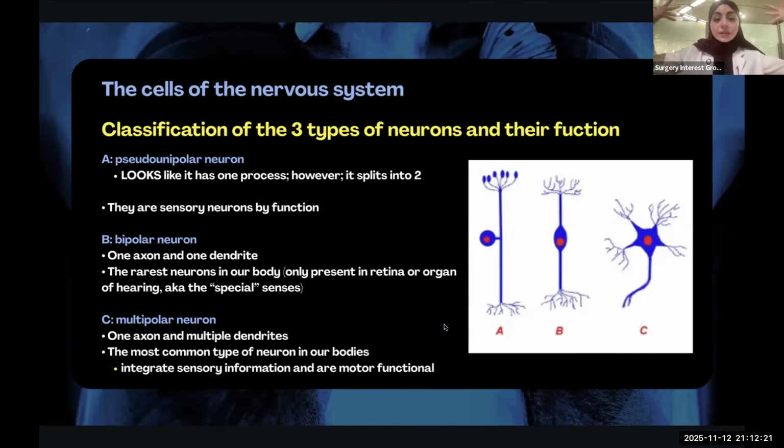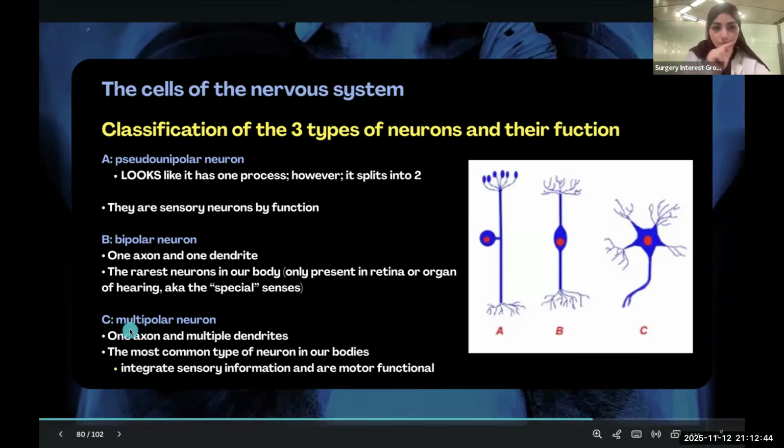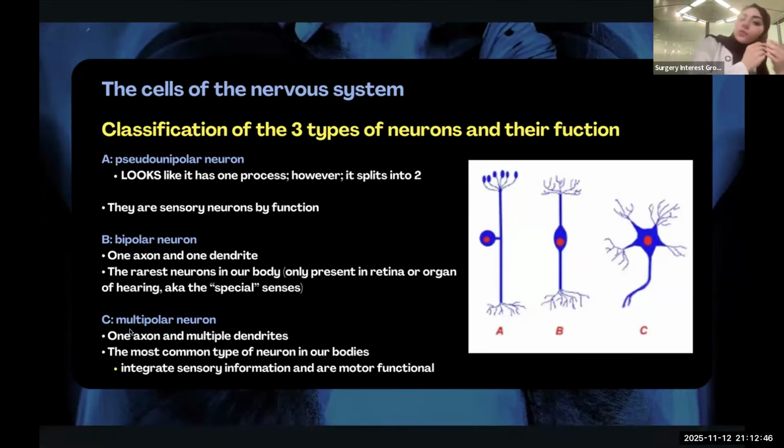If I'm receiving sensation or information through my dendrites and I want to send a command, what would the function of a multipolar neuron be? Would it be sensory? Would it be autonomic? Would it be what? Motor, exactly. It would be motor. You can remember it as multipolar M, motor. So again, it will receive the sensation and then integrate it and then send out a motor function.